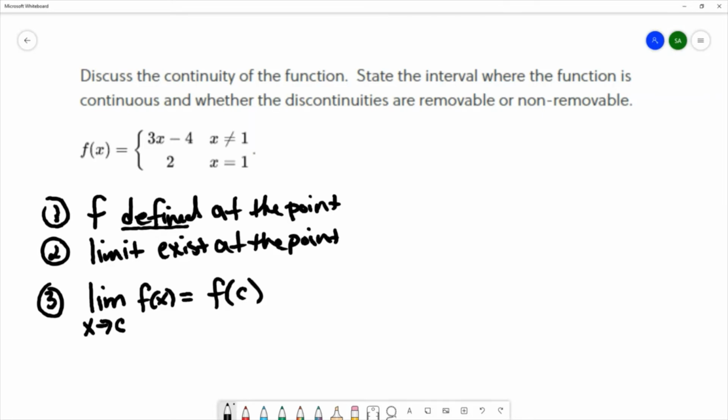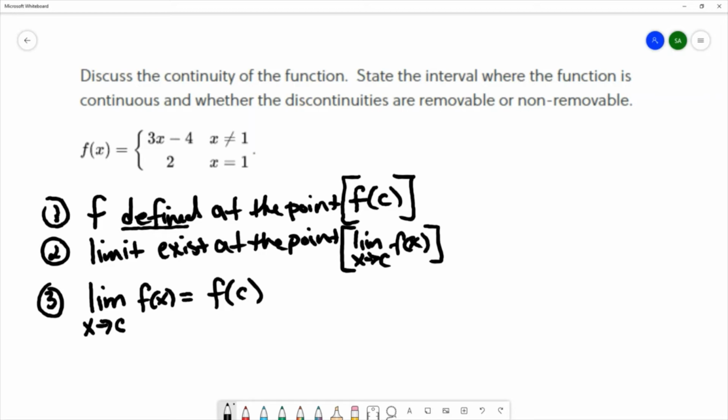So this first one is f of c being defined. This one is the limit at x equals c of f of x exists. And then the final criteria is that they have to equal each other. So we're doing that for a value of 1.